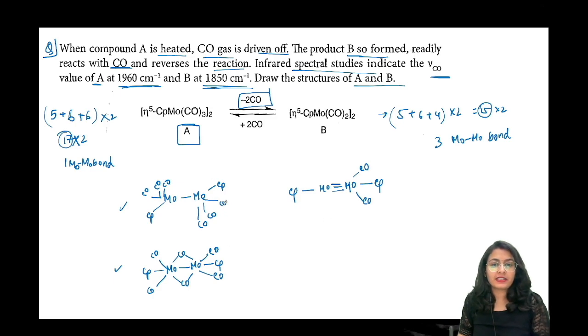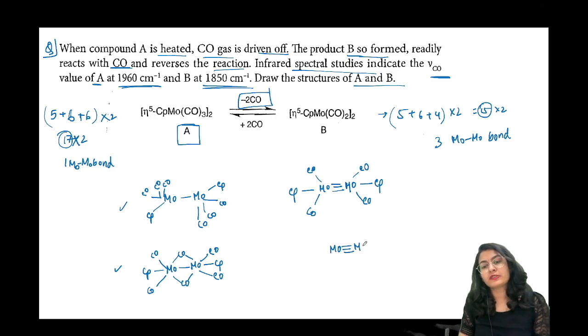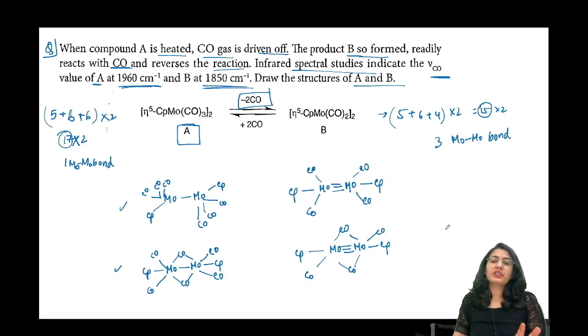Earlier how many were there? 1, 2, 3. Okay, now there are 2. So either it is going to be like this, or maybe because they are closer, they are going to be doing some bridging. Both the structures are possible. We are going to say based on the IR.